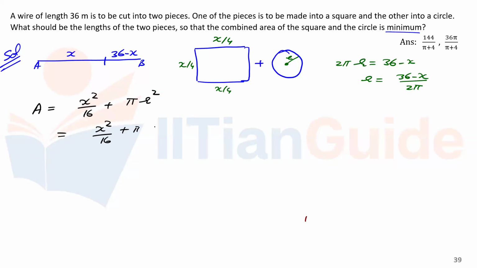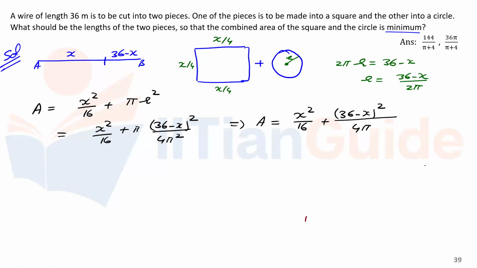So r square is 36 minus x whole square divided by 4 pi square. So I have got the expression for the area: A is equal to x square by 16 as the first term. After that, pi will get cancelled, and I am left with 36 minus x whole square divided by 4 pi.